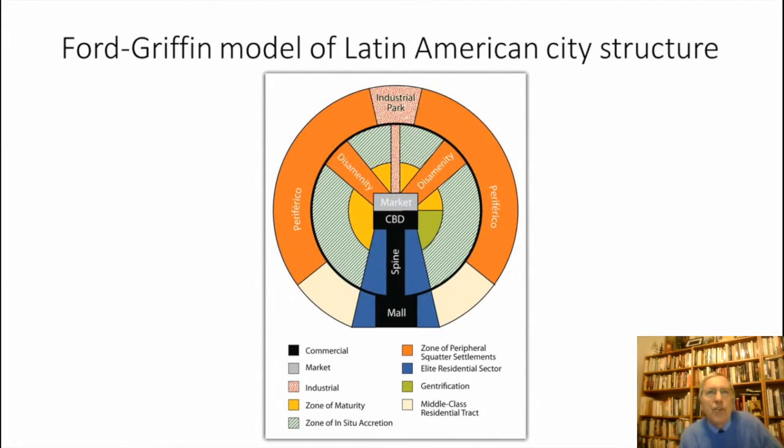Remember what gentrification means. That means where higher income people are moving in and displacing the folks who live there, usually lower income people. And it's kind of the opposite of what goes on in the zone of maturity.